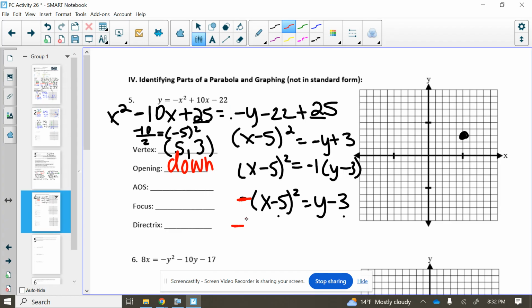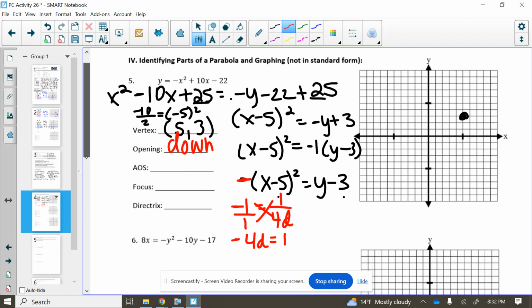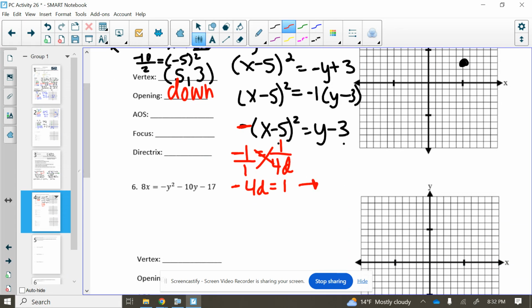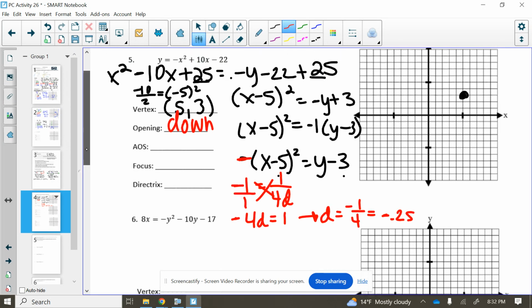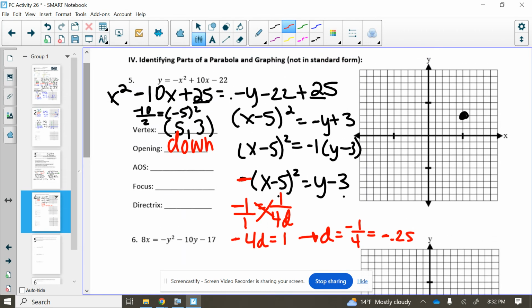Now this time negative 1 is our 1 over 4d value. So as we cross multiply and solve, we have negative 4d equals 1. So d is negative 1/4 or negative 0.25. And again, that negative 0.25 is basically telling us that this is opening downward towards our focus.